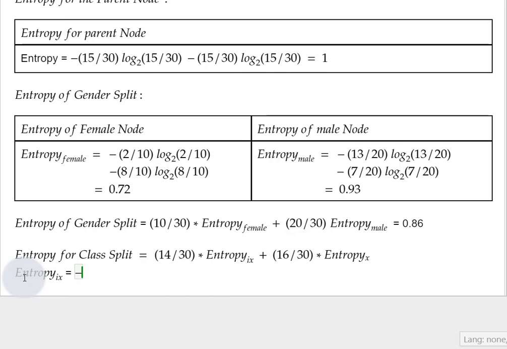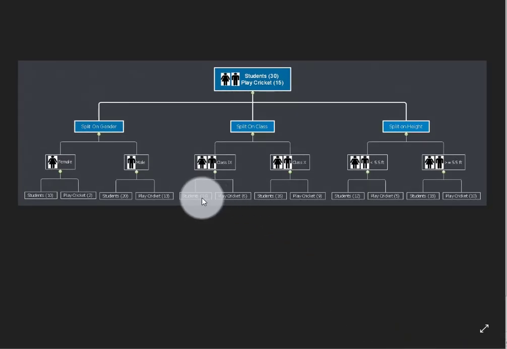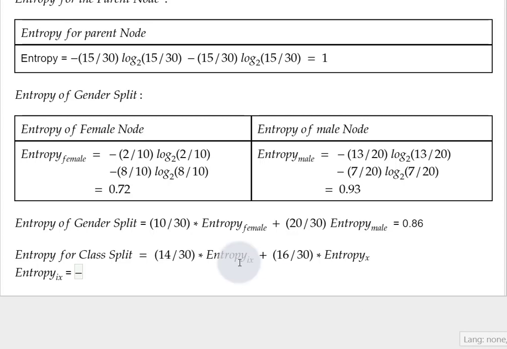As we are talking about class based split, we have to know for class 9 how many students are there, and among them how many play cricket. There are 14 students, and those who play cricket are 5, right? So it will be 5 over 14 into log 2, 5 over 14.